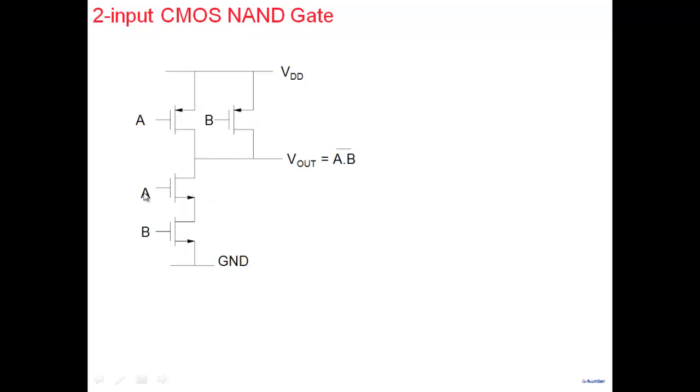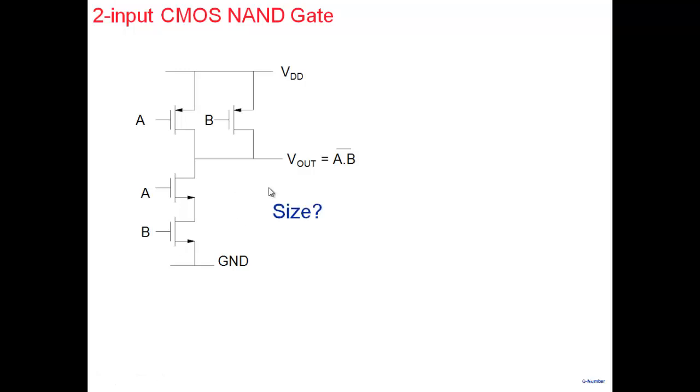If you see two NMOSs with inputs A and B connected in series, you'll find two PMOSs connected in parallel. It's a fully complementary technology. Easy for you to verify that this particular gate will perform the NAND operation. I need both A and B to be high to pull this particular node down. Otherwise, this node will always be high here. So you can see it performs a NAND operation.